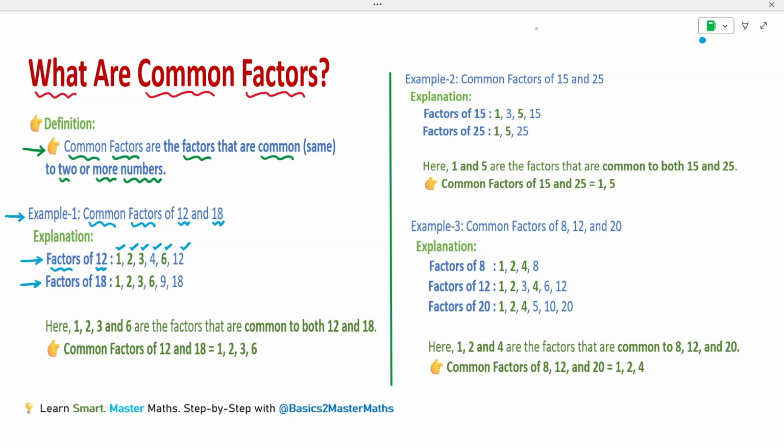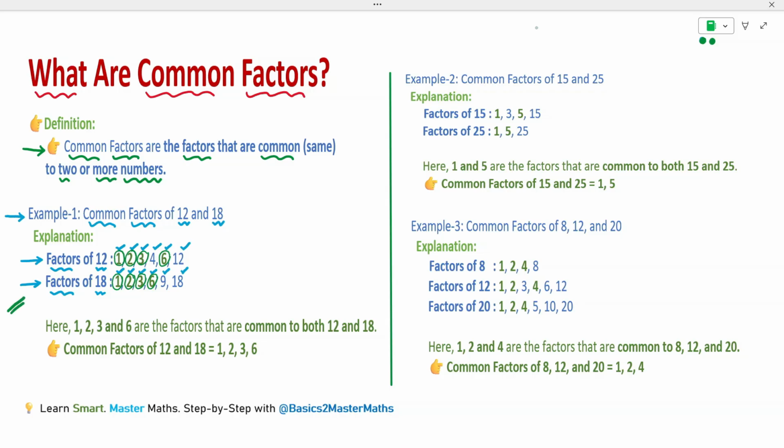Also, factors of 18 are 1, 2, 3, 6, 9 and 18.